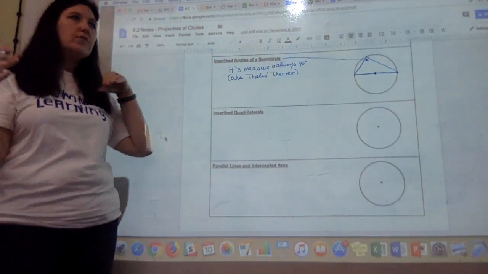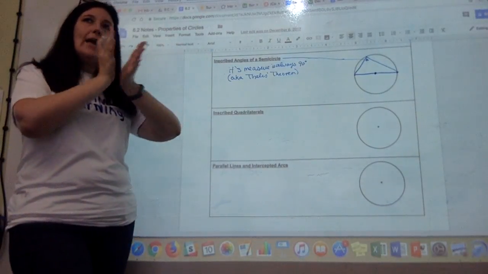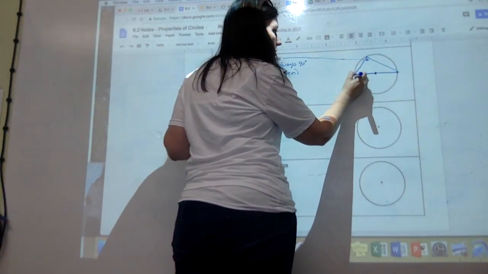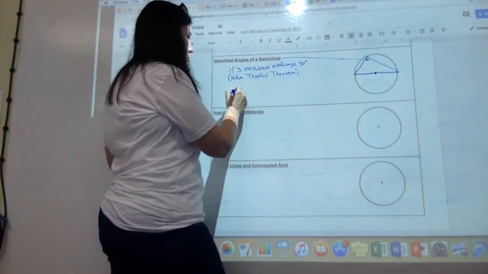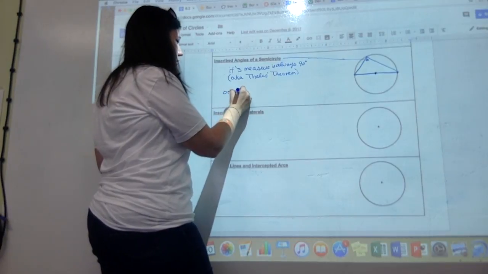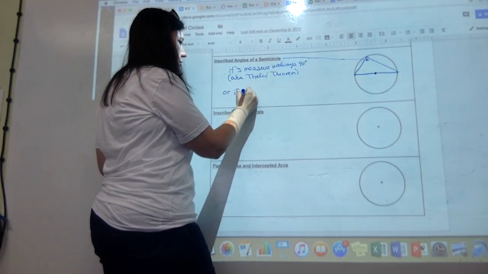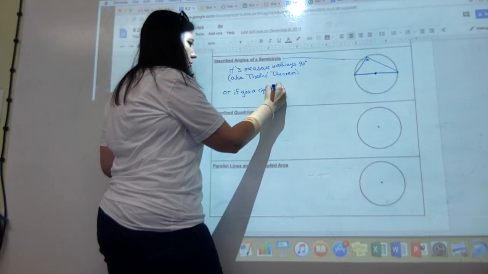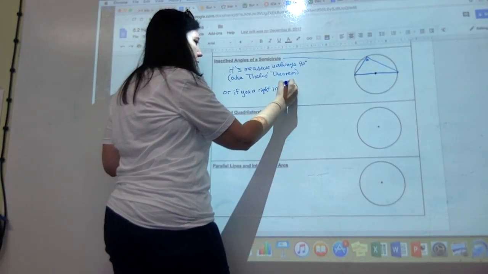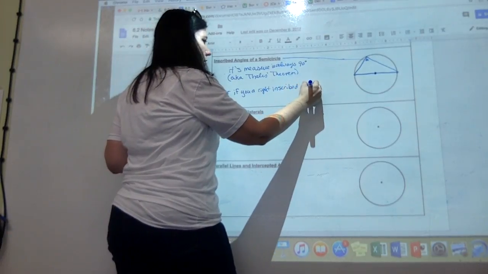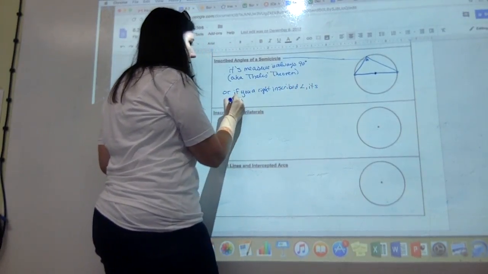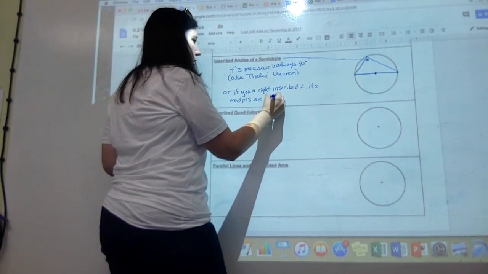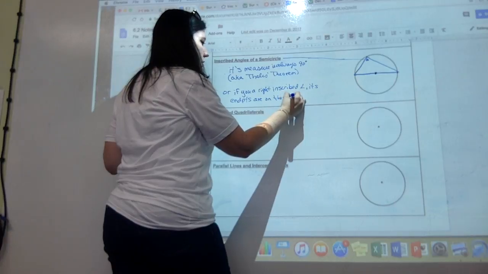And the converse of it is true too. If you have a right angle, you know its endpoints have to be on the diameter. So if you have a right inscribed angle, its endpoints are on the diameter.